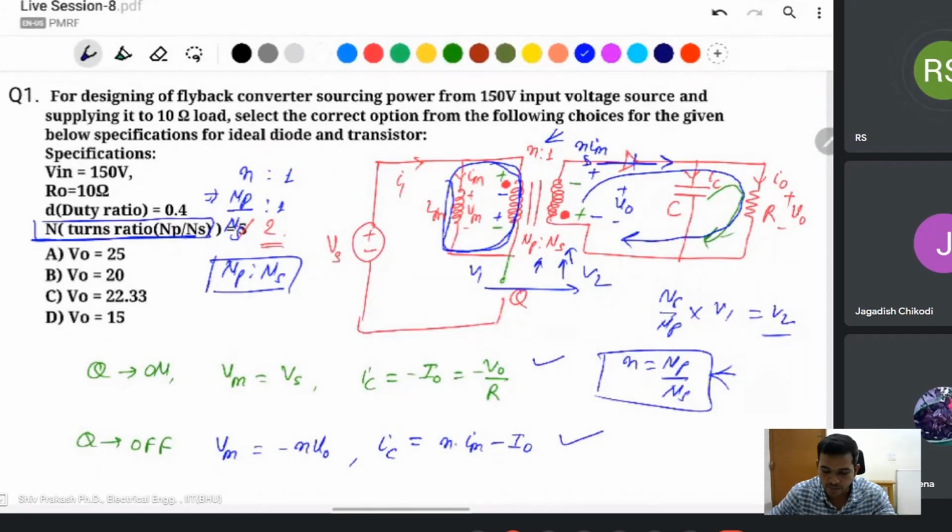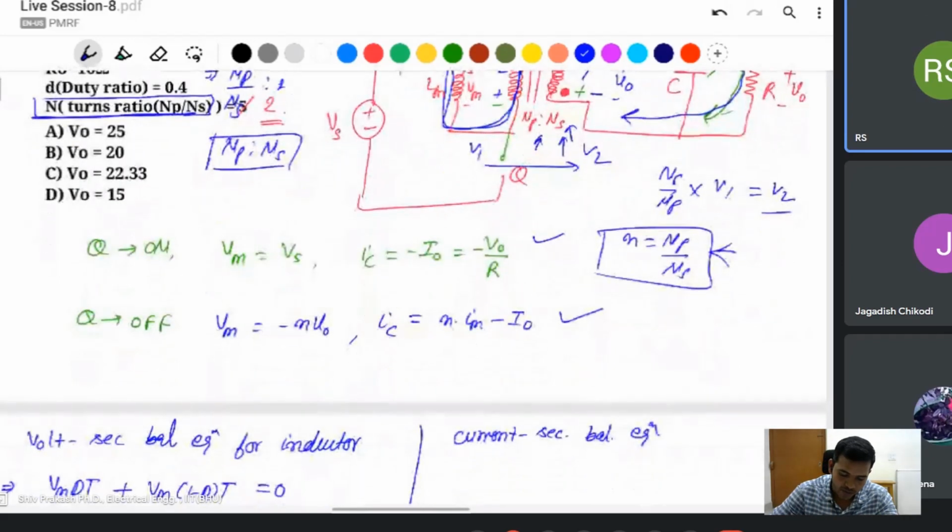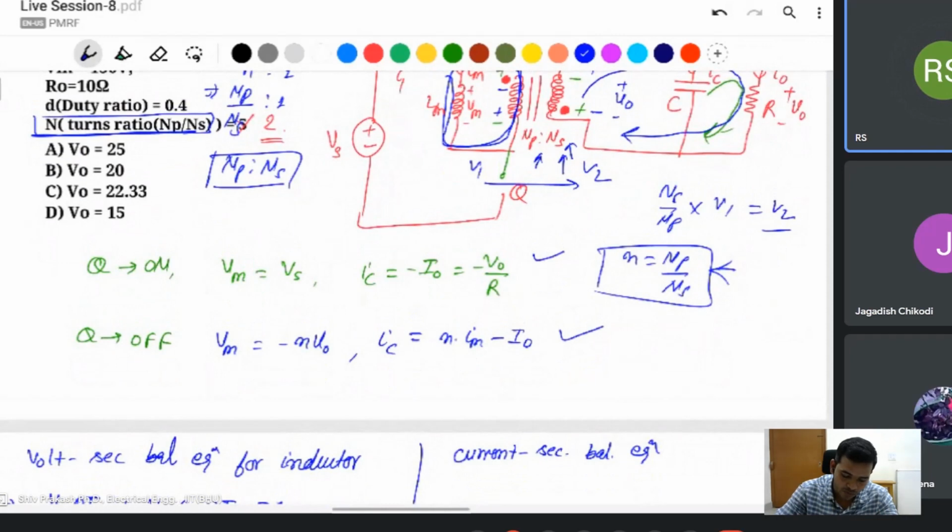Because you can't define by yourself where NP and NS are. Sir, this NP by NS they have given clearly. Yeah, but this NP by NS is either equal to n or 1 by n, and that is not clearly given in the question at least. If NP by NS is mentioned, then take NP is equal to n, NS is 1.